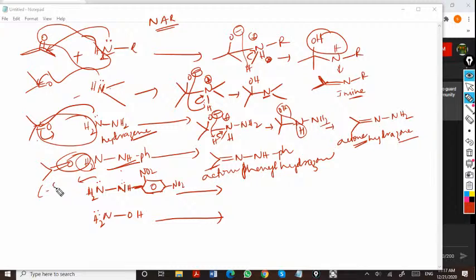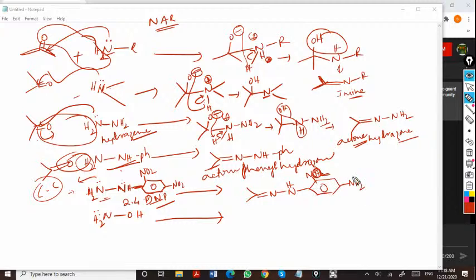Any carbonyl compound will give a nucleophilic addition reaction based on the reagent type. So this is 2,4-DNP, meaning 2,4-dinitrophenylhydrazine. After product formation, if I take acetone, it gives 2,4-dinitrophenylhydrazone. Try to write the names also when you are writing in your notes.